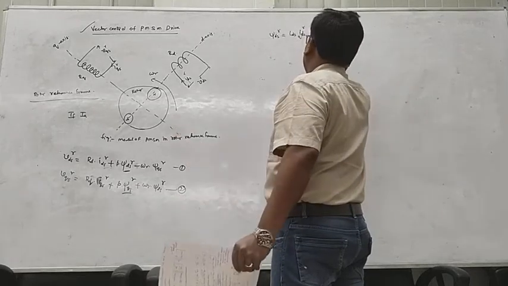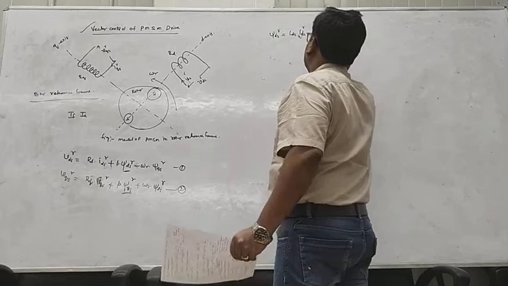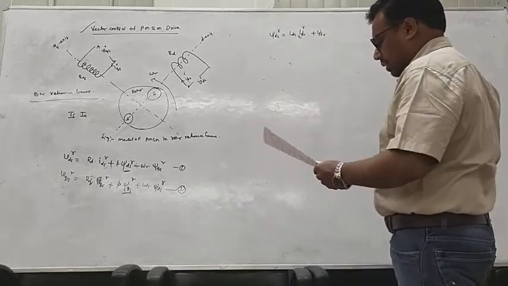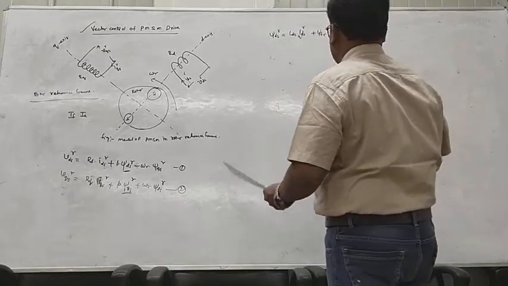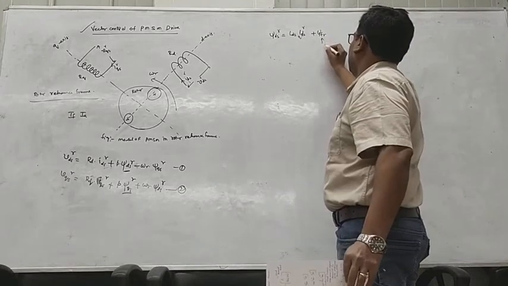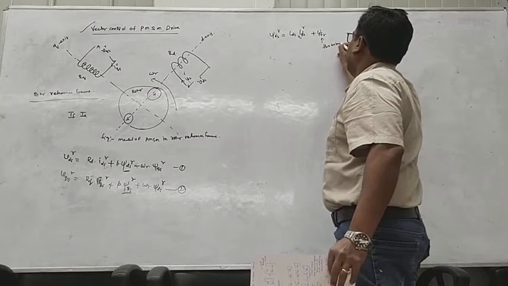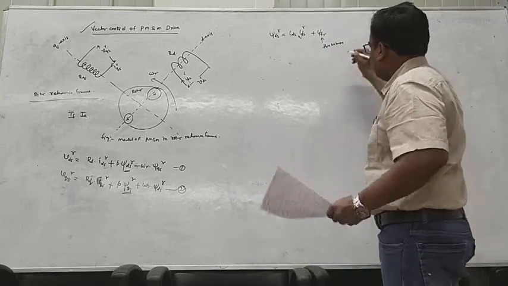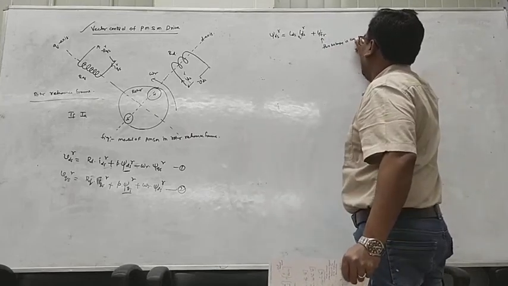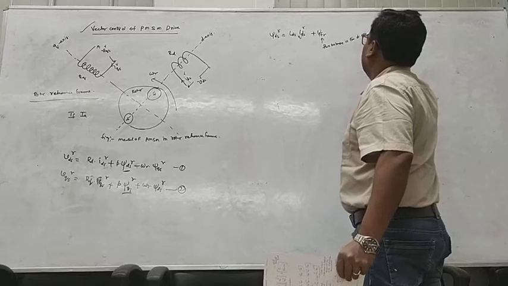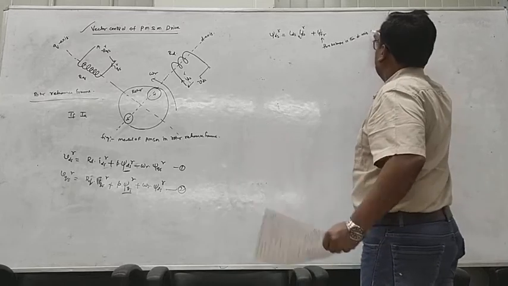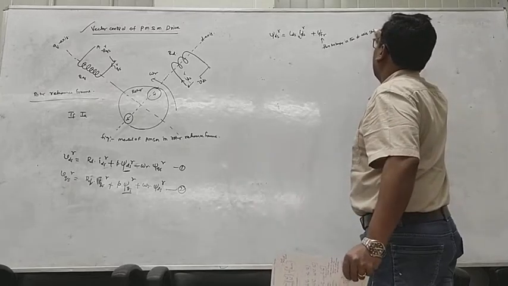plus psi FR. Here psi FR is the flux linkages in the direct axis stator.